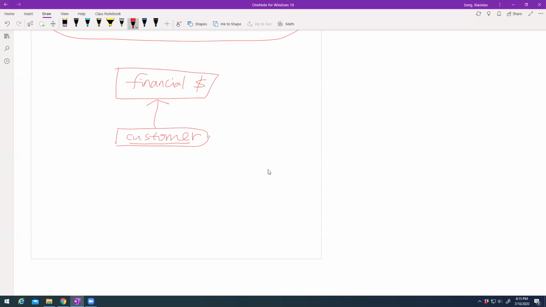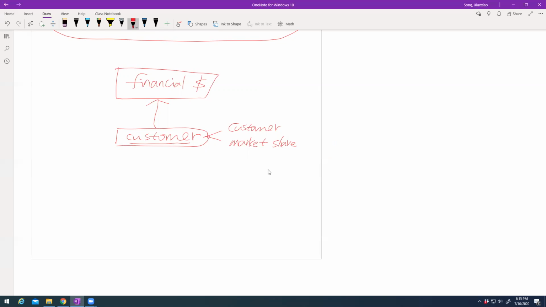For customers, we have two parts. One is the customer return rate, certification rate, those things. And then also the market share, right? If you have more customers, then most likely you have a higher market share. How do we make our customers happy? How do we retain our customers? If you have a bad product, do you think you will have more customers?